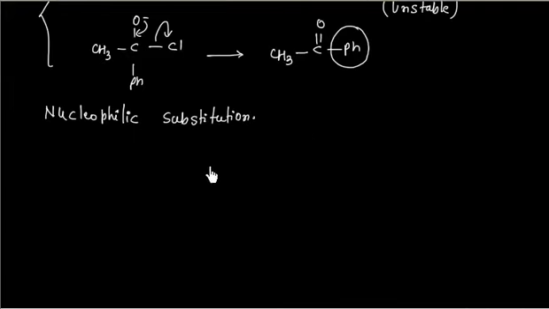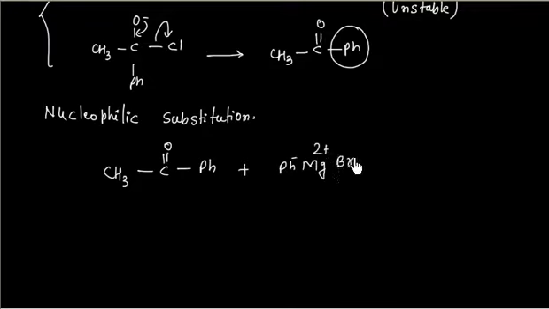Now on this we can further add 1 mole of Grignard reagent, that is PhMgBr. So we have Ph minus Mg2 plus Br minus. Now this is a ketone. On a ketone we can have attack of a nucleophile. So this nucleophile will attack on this carbon. This opens up.